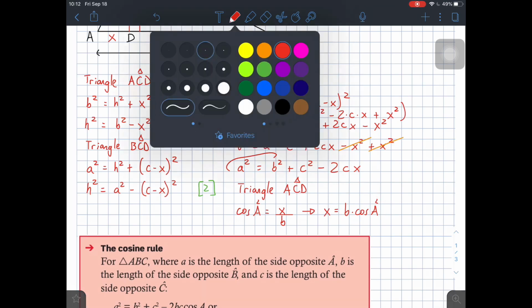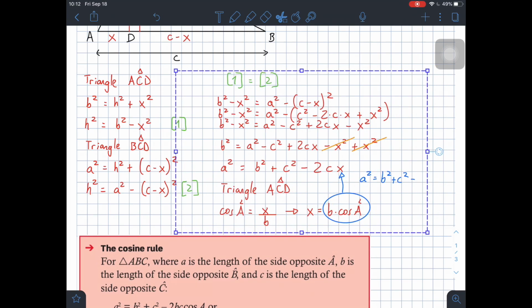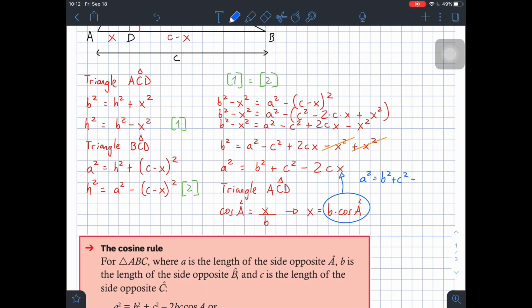I'm going to do this with a different color to avoid confusion, maybe blue. We're going to say that a squared, if I plug in this right here, would be equal to b squared plus c squared minus 2c, and instead of x, we're going to write b cosine of A, right?